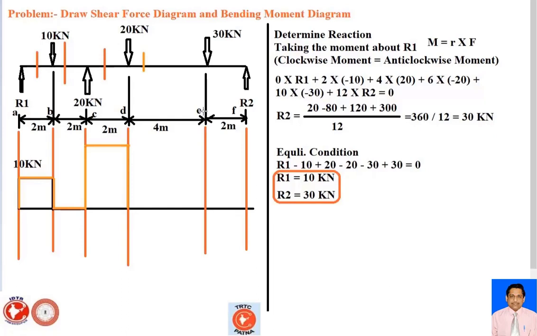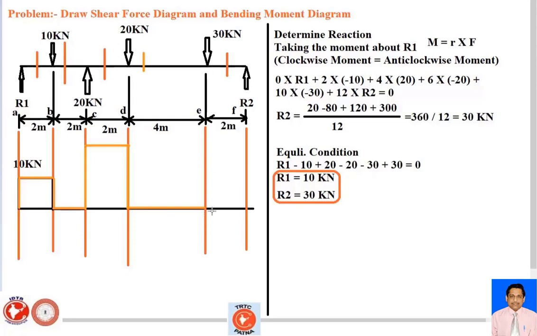And then next come to the point E. So plus 10 minus 10 is 0, plus 20 minus 20 is 0, but here is the minus 30. So from point D to E, your shear force is 0. I just take the last section. The shear force is 0, but at point E your value goes to 30 kilonewton in the downward direction.